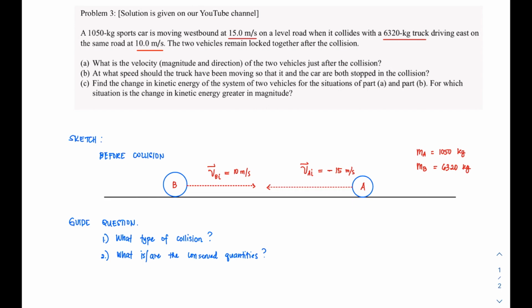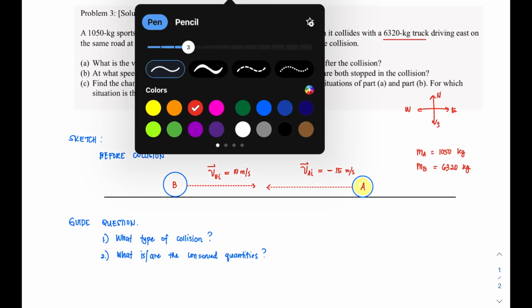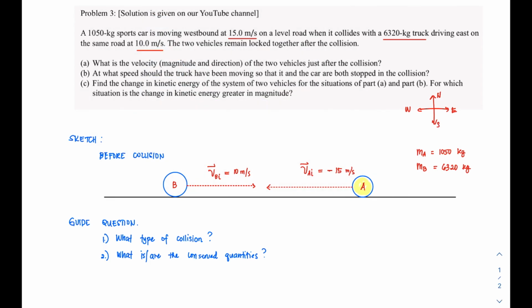So I have pre-illustrated the sketch of the problem here. If I define my direction to be, this one is east, this one is west, and this is north and south, my A, which is just my 1050 kilogram, is referring to my sports car because that is moving towards the west at 15 meters per second.